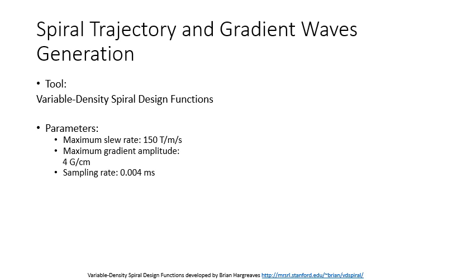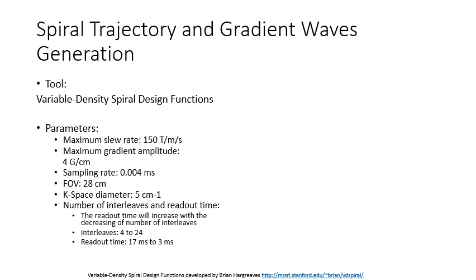The sampling rate is 0.004 milliseconds, and the FOV is 28 centimeters. The k-space diameter is 5.1 per centimeter. And in the experiments, I used the number of interleaves from 4 to 24. The corresponding readout time is decreasing from 17 milliseconds to 3 milliseconds.